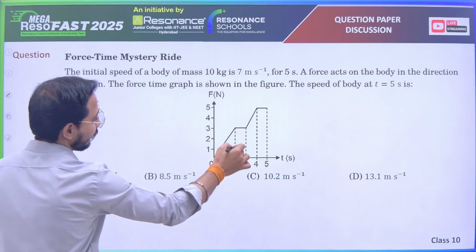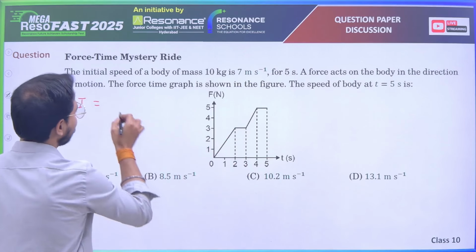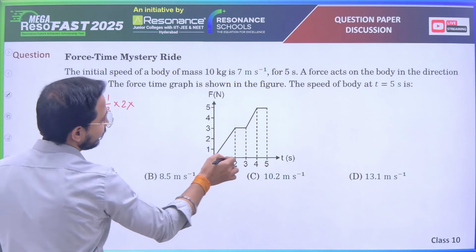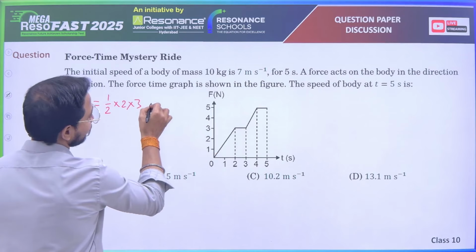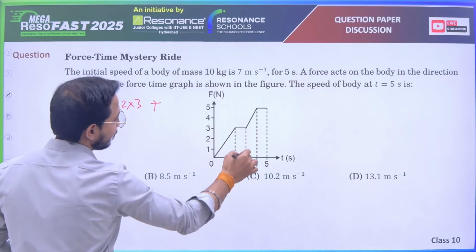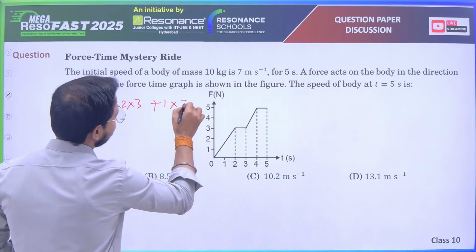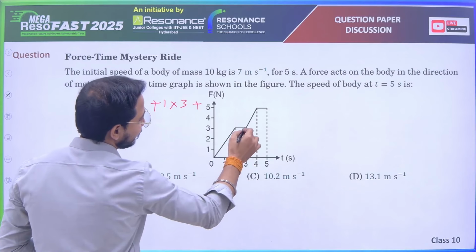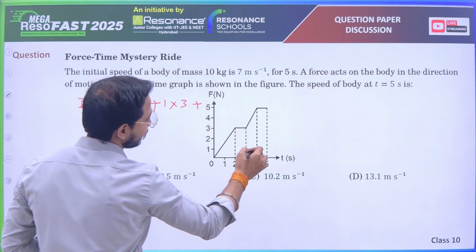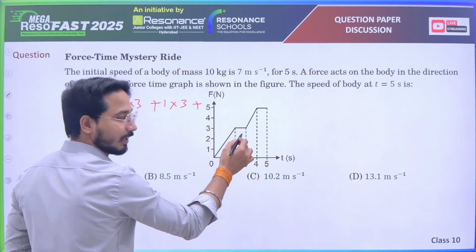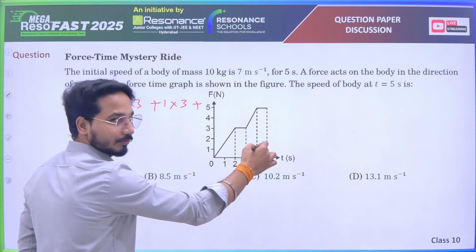For finding the area, this is our first triangle, so I can write half into base 2 and height 3, plus next is a rectangle, so length 1 into breadth 3, plus this figure is a trapezium. Here the formula is half into height into base 1 plus base 2.